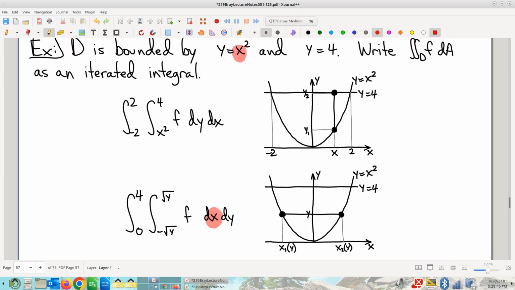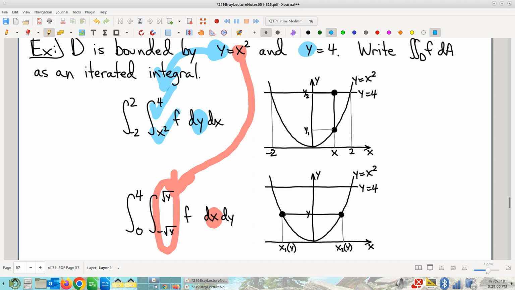And solving for x is what gives me these undesirable bounds. Whereas the first way we did it, we had dy on the inside, which arranged for I would just need to solve for y, which, again, whichever one of these y's you have to solve for, nice. No square roots. Everybody see that?